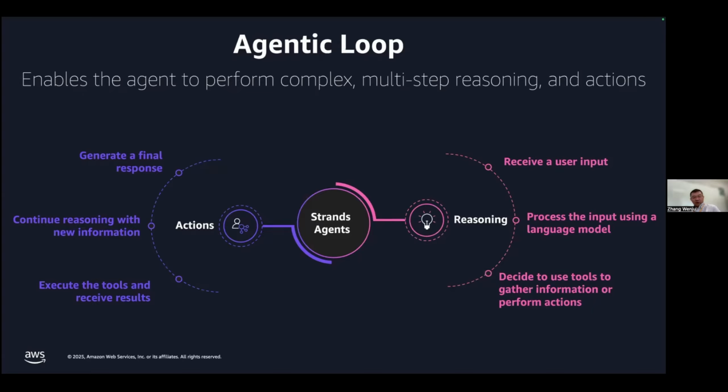The agent loop is the process by which a Strands agent processes user input, just like I input "analyze ARR by industry." The agent will make decisions, execute tools, and generate the response. It's designed to support complex multi-step reasoning and actions with seamless integration of tools and language models. So it's the core concept of the Strands Agents SDK.